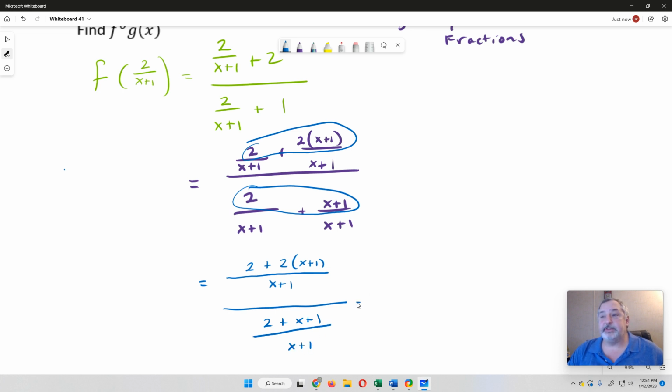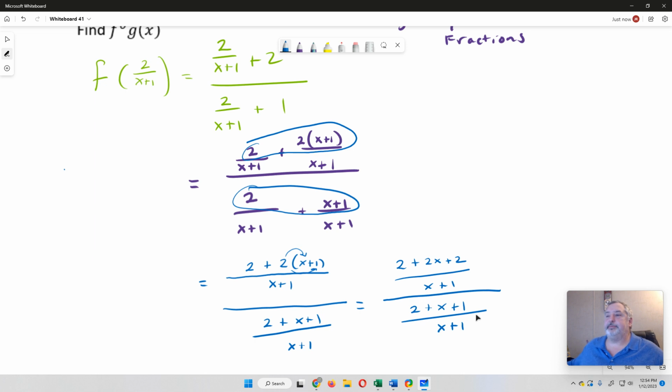Now this will simplify. In the numerator of the first fraction, we've got 2 plus 2x plus 2. That's applying the distributive property to this one, all over x plus 1. In the bottom, I don't have to do that, so I'm just going to carry that over for this step. I'm trying to show you each step of my thought process as I'm doing this.